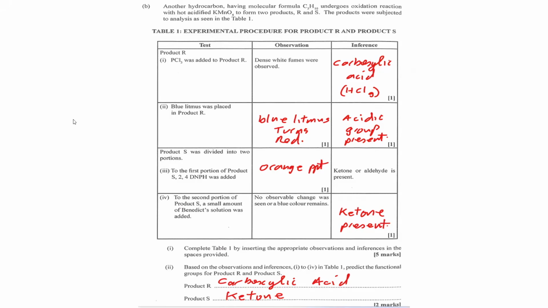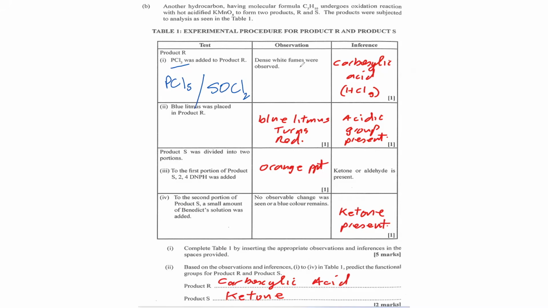I think this is a mistake because the dense white fumes should be observed with PCl5 and not PCl3, or it can be observed with SOCl2. But these are acylating agents that will identify the presence of a carboxylic acid.